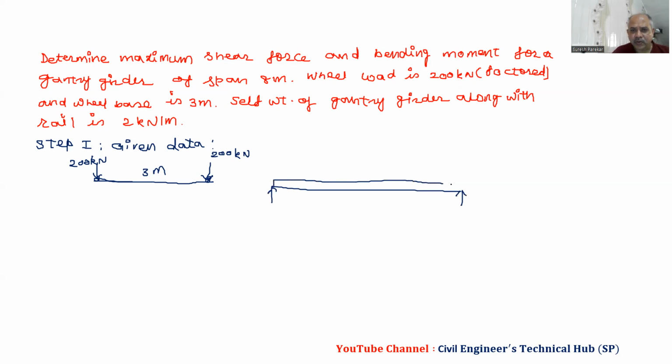With 2 kilonewton per meter load along with rail, that is self weight of rail plus gantry girder. So this is given. And now we are interested in maximum shear force and maximum bending moment.